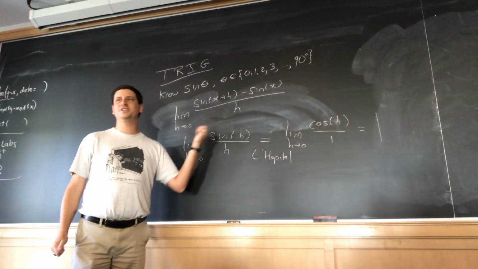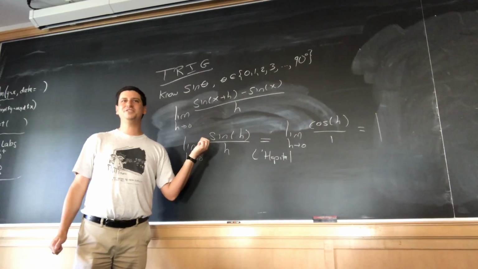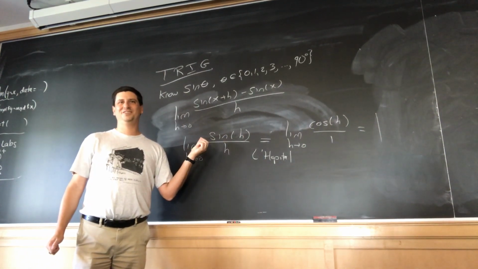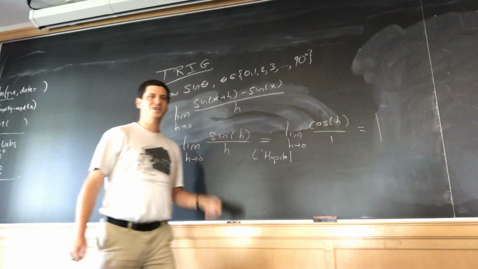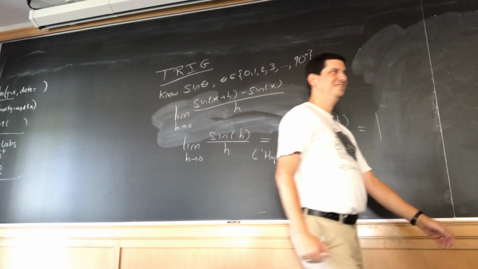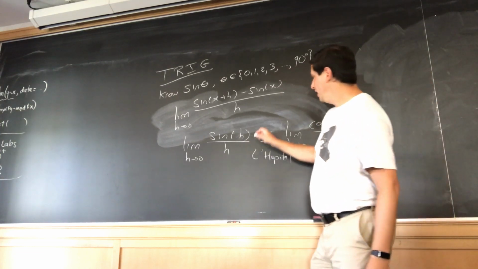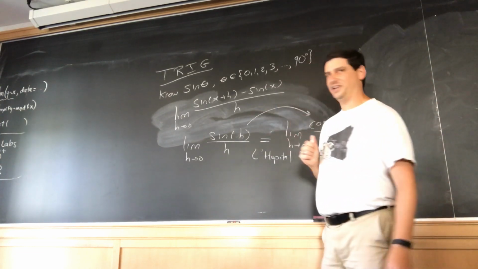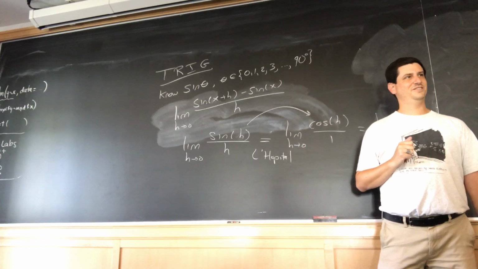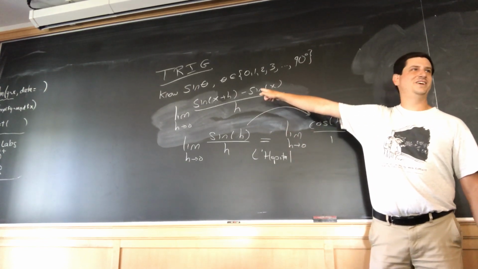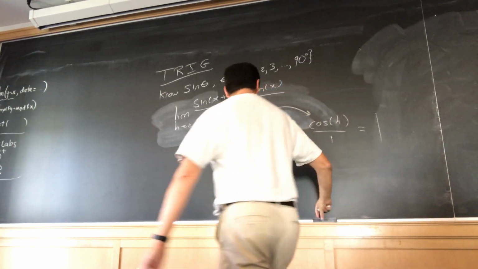Unfortunately, this argument is somewhat flawed. It's very subtle. What's the mistake with this argument? How did you know the derivative of sine was cosine? You need to know this limit when x equals 0, right?